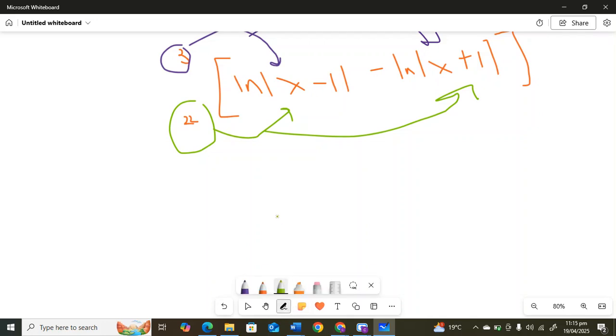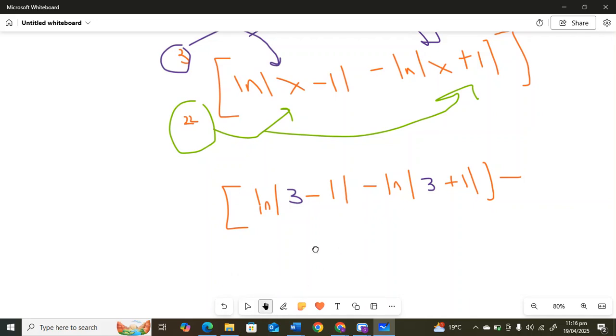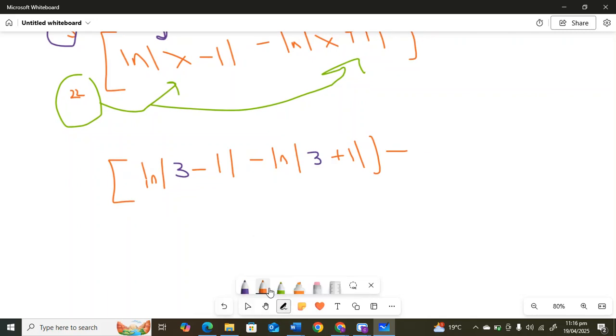So first we substitute 3. So natural log, where there's x, we substitute it with 3. Natural log of 3 minus 1, minus natural log of 3 plus 1. Minus. Then next we substitute the 2, which is the lower limit.